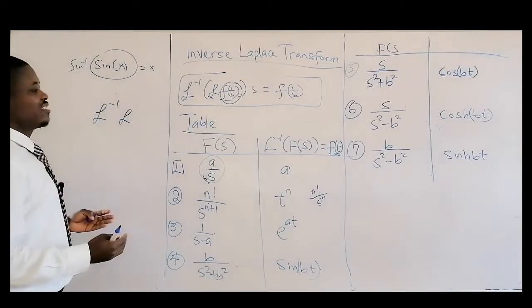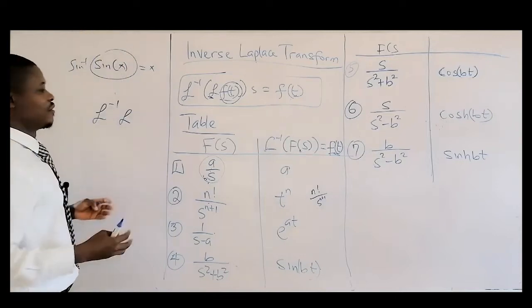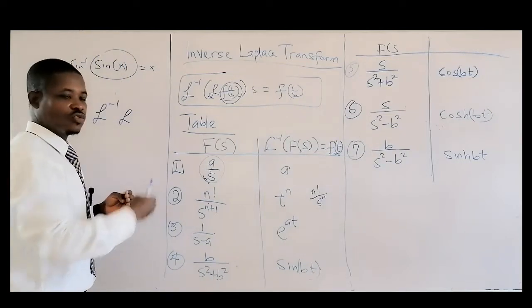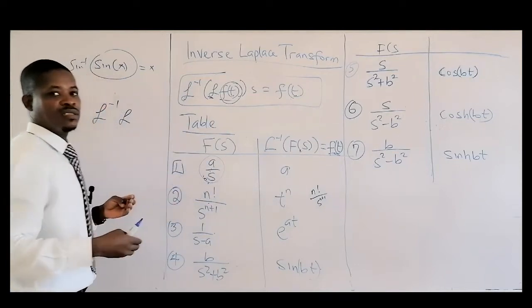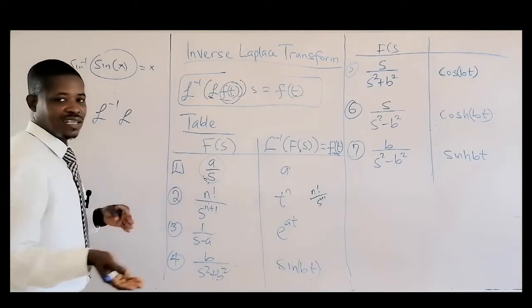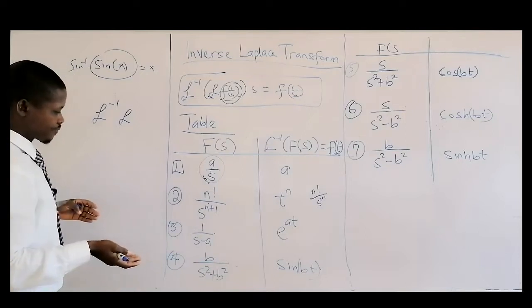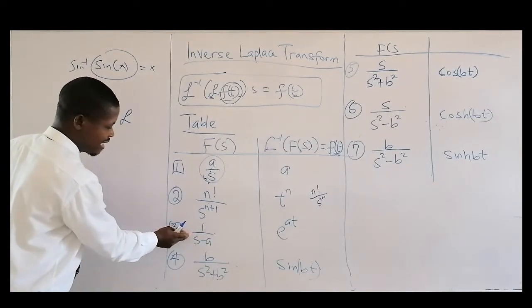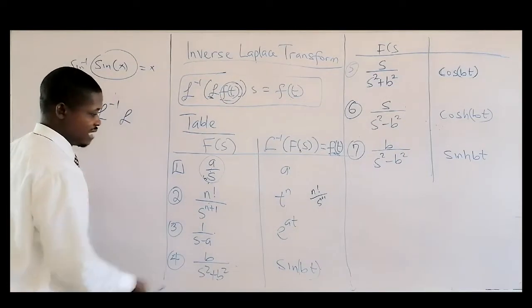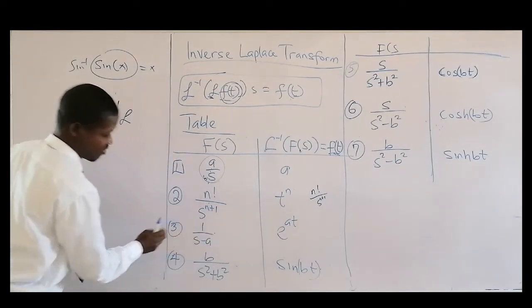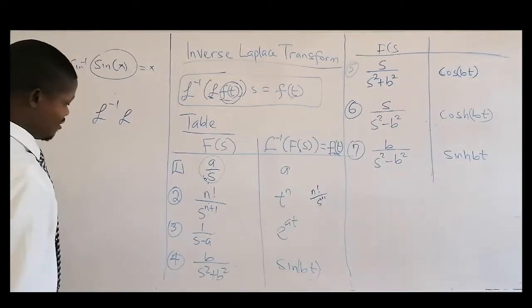So what we are doing here is just converting from the x domain to the time domain, or vice versa. Here the inverse of this will give you this, and the Laplace of this also will give you this. So that's that on this.